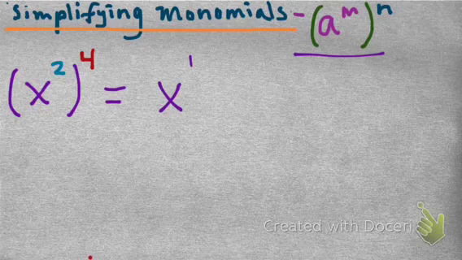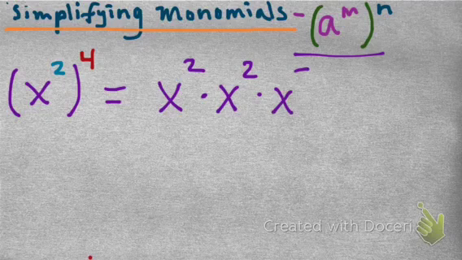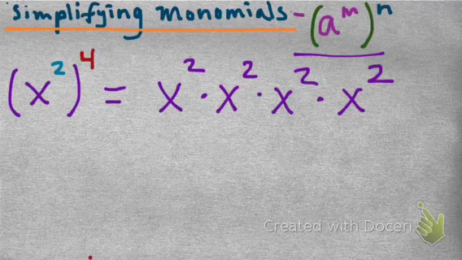x squared copied 4 times. So there's one of them, and each copy is multiplied by the others. I've got 4 copies of whatever x squared is.